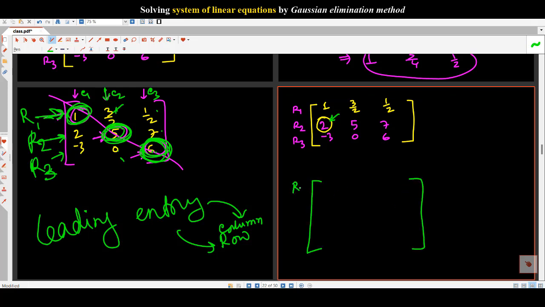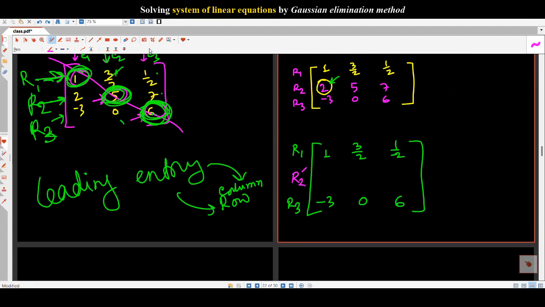We have total 3 rows, R1, R2, R3. But R1 and R3 are same as before, but we have to change R2. That means we will get a new row, R2 prime. But here we need 0. That's why we have to do addition. So how to do this?